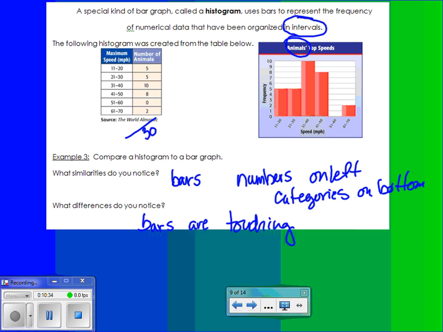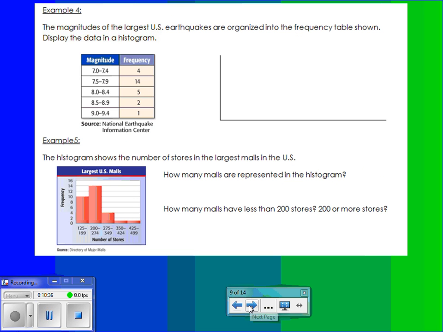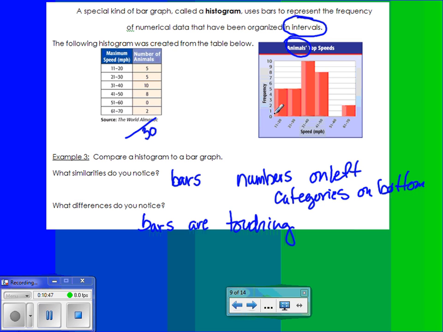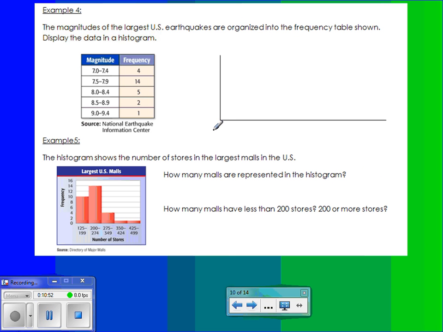Okay. So let's take a little bit more of a look at how we can graph a histogram. So what goes on the bottom of the histogram again? The intervals, right? Categories or intervals go on the bottom.